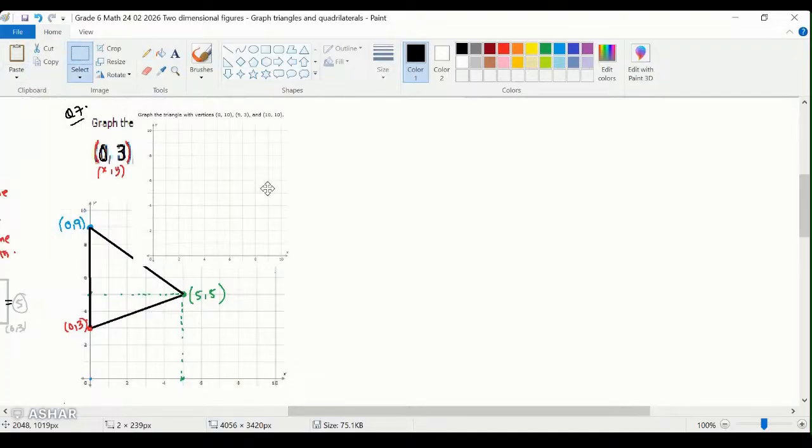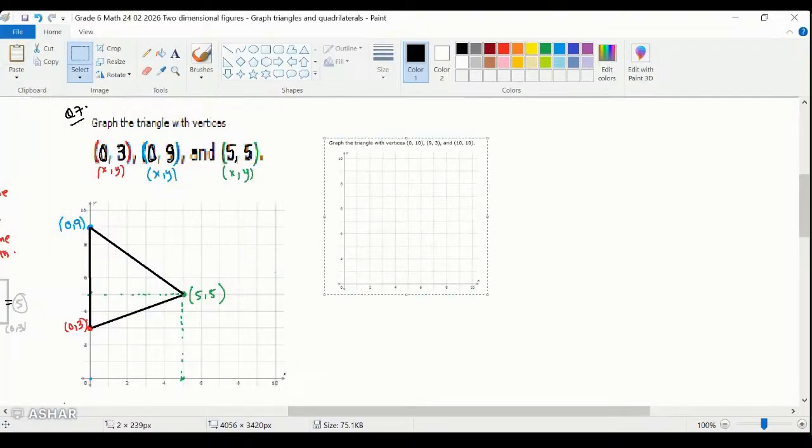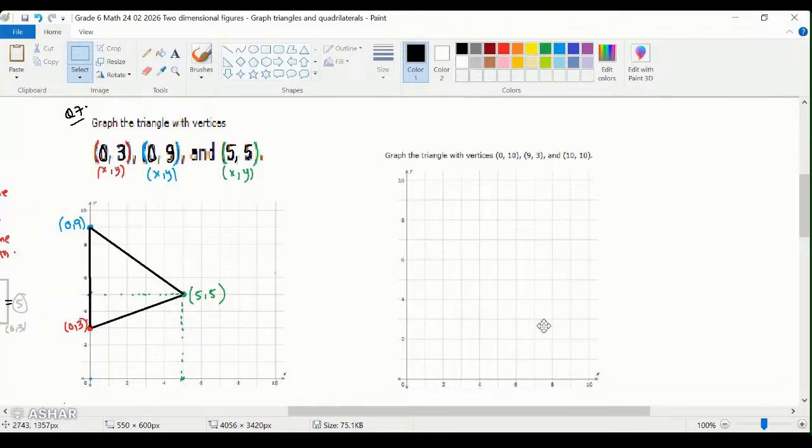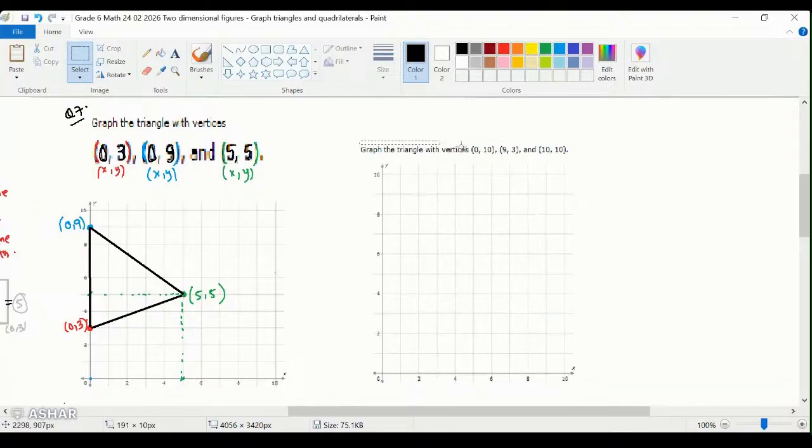Question number 8 says, graph the triangle with vertices. These are the vertices given to us of the triangle. This is our question number 8.